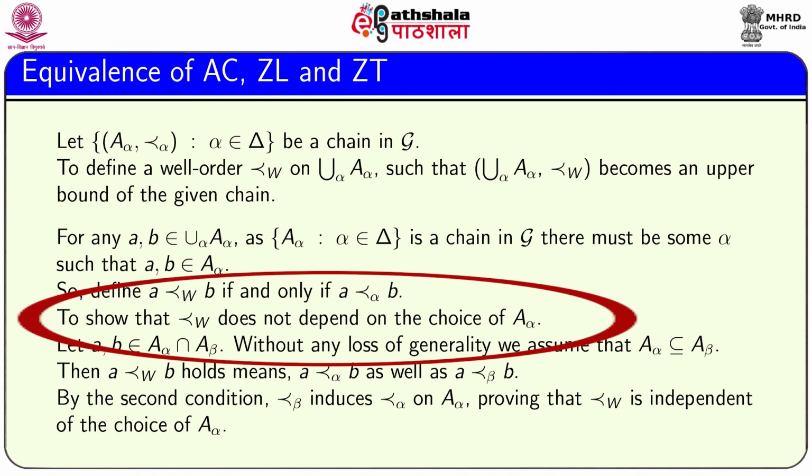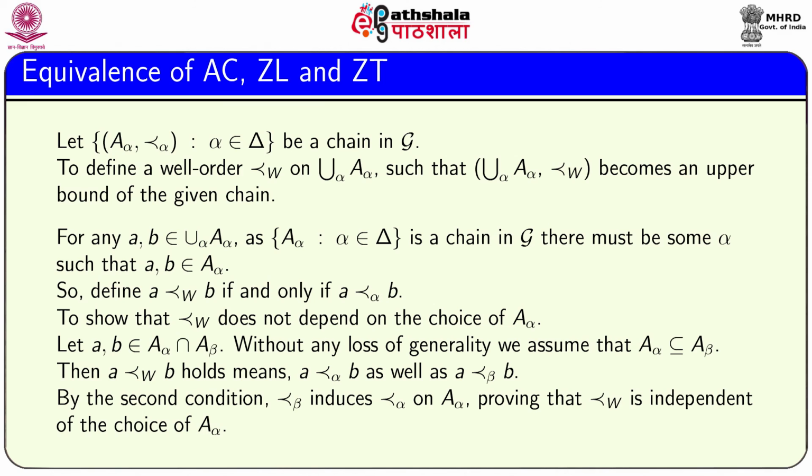We need to show that this new relation does not depend on the choice of A alpha. So, if possible, let us take 2 points a and b from the intersection A alpha intersection A beta, and suppose without loss of generality that A alpha is contained in A beta.